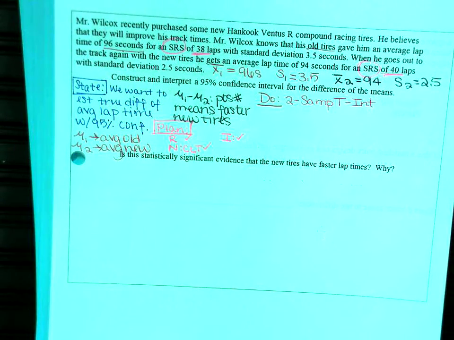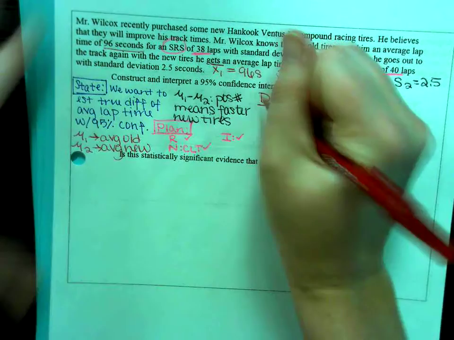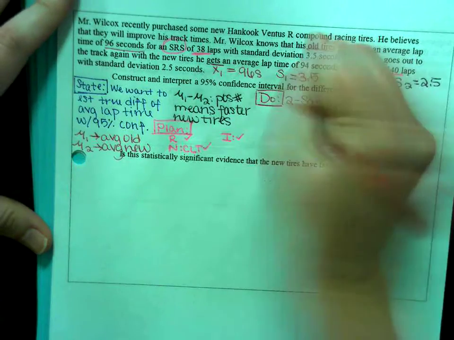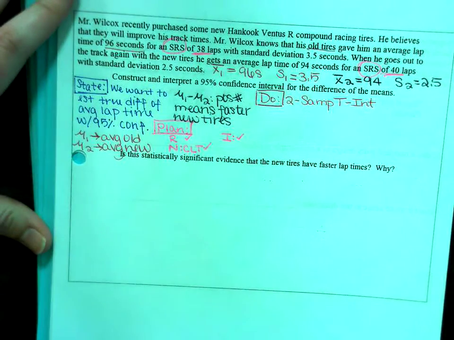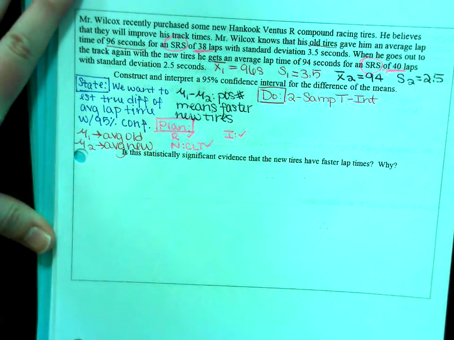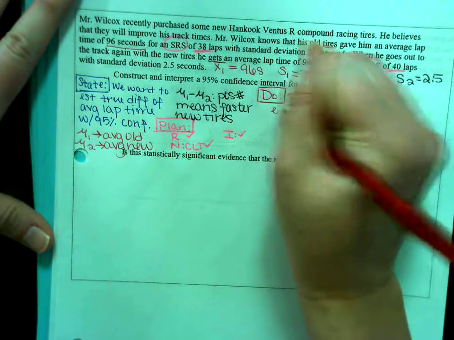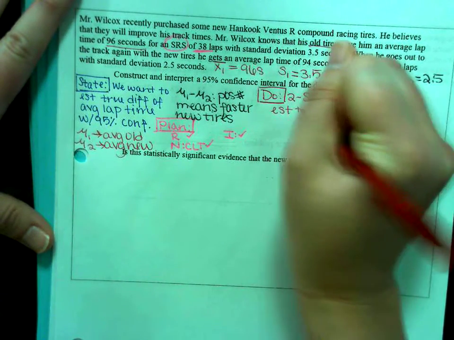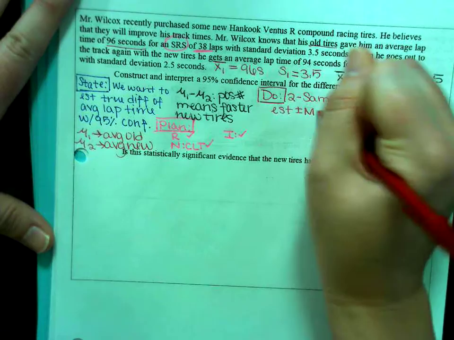But we also need to write down our general formula, especially those of you taking the AP exam. What is the general formula for a confidence interval? Estimate plus or minus margin of error.